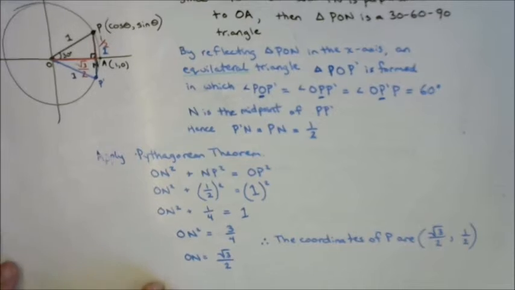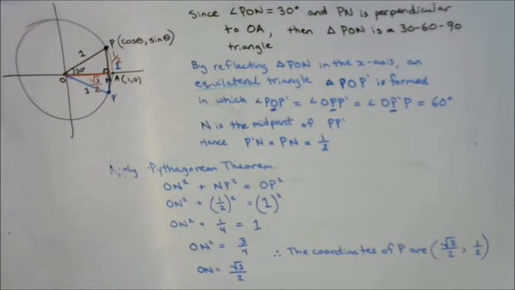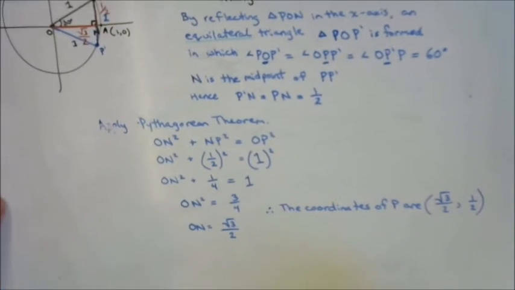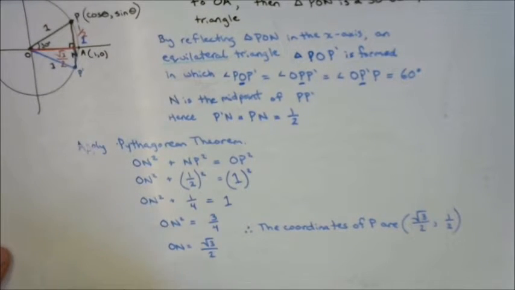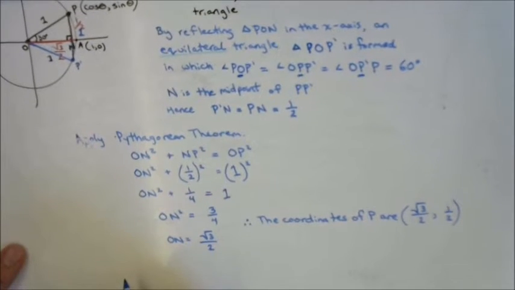Okay? And what did that tell us? That gave us the measurement of the cosine, the sine, and therefore the tangent of this special angle. Special angle is 30 degrees.